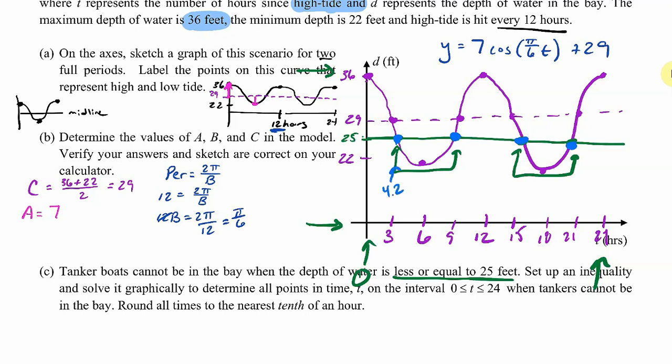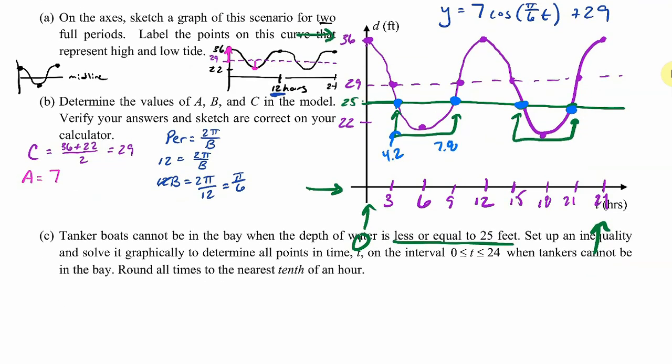And the next one to the right of that occurs at about time 7.8. So between 4.2 hours and 7.8 hours, that's the first interval where the water depth is lower than 25 feet.